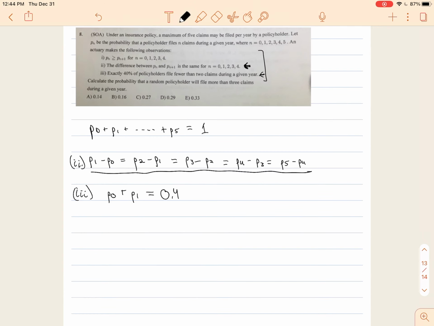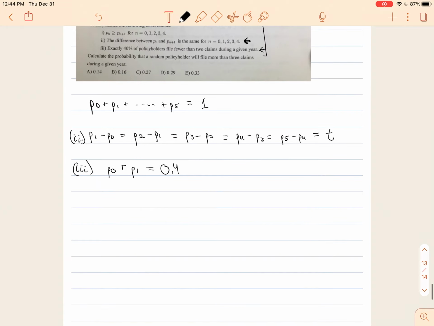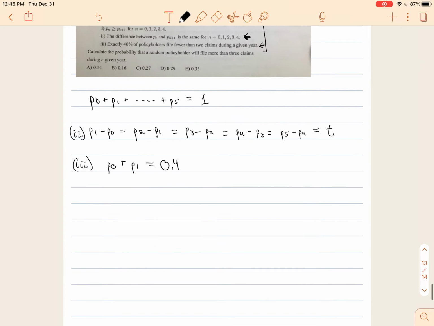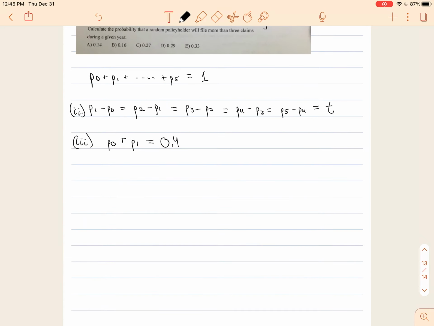The important thing to realize is that these differences are all the same, so we can just use that as a variable. I'm going to set this difference that's present in all of the probabilities as t. And the way you can rewrite this is based upon P0 and t, right?